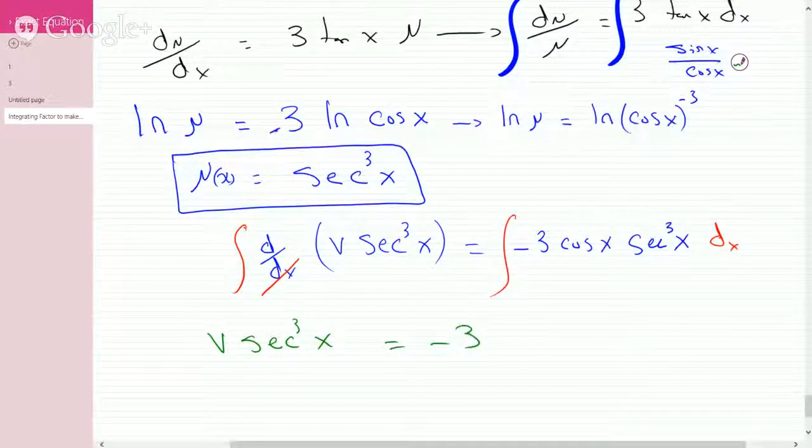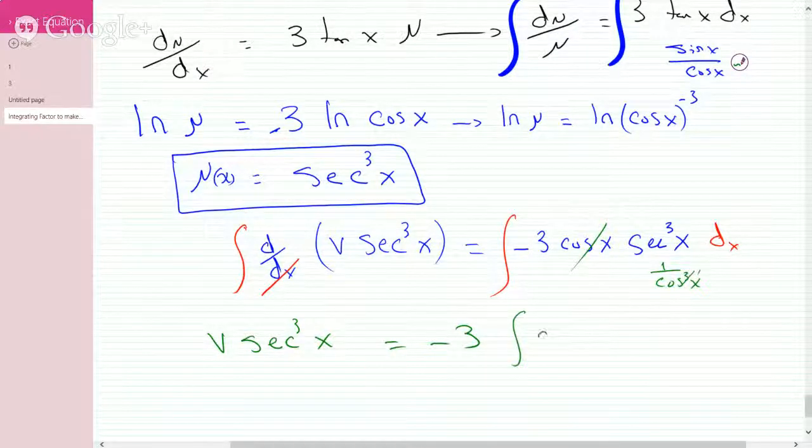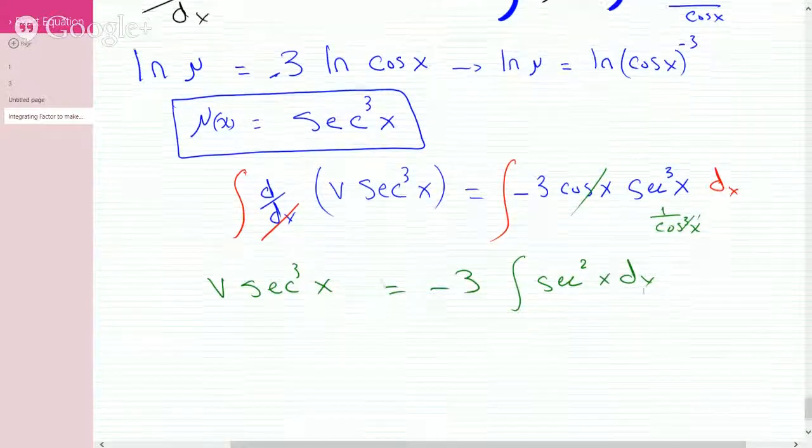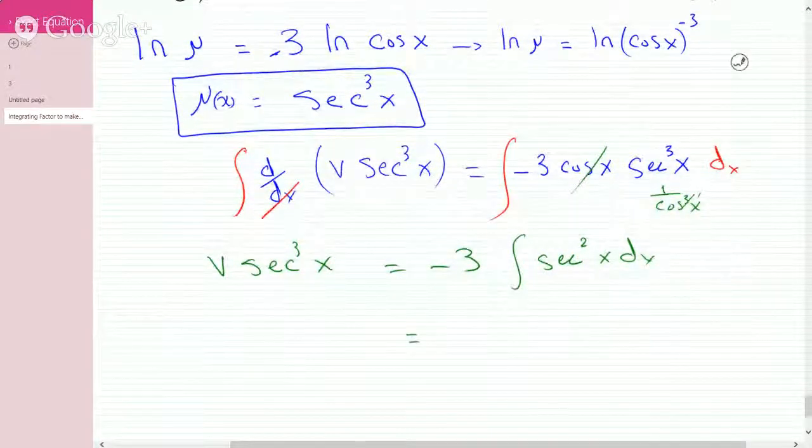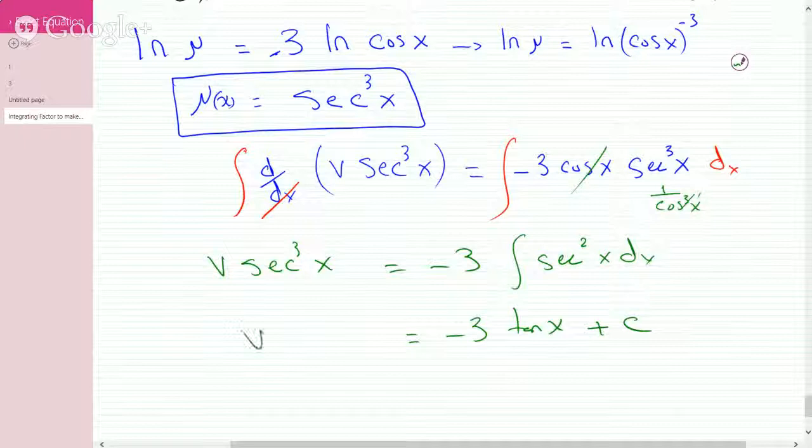Now secant cube is 1 over cosine cube x, so this will cross out a cosine and we will get minus 3 integral of secant square x dx. And the integral of secant squared is tan x plus c equals v secant cube x.